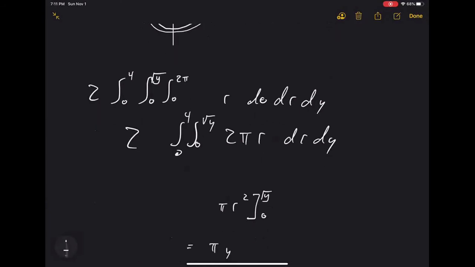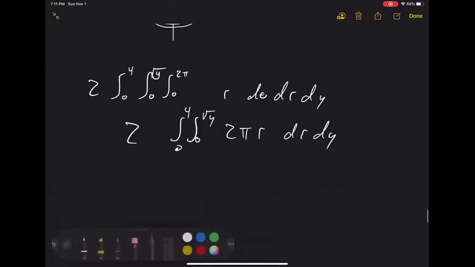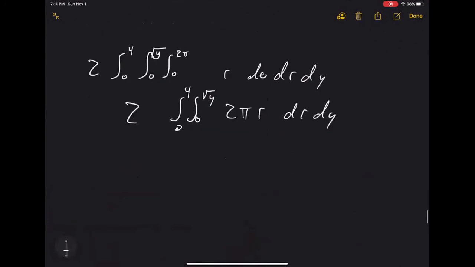Okay, so I have this. I've written some of the steps out here, but ignore that for now. Now let's integrate in terms of r. I integrate in terms of r, and I get r squared over 2. And then I evaluate from what? Square root of y to 0. Well, these 2's cancel, right?